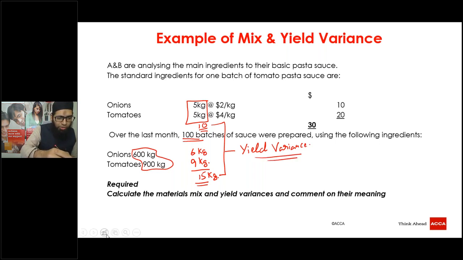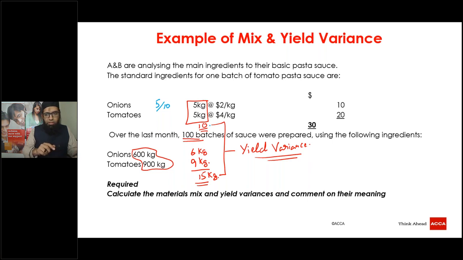If you can also observe, we have also changed the proportion. So the onion is 5 by 10 because we are using 5 kg out of the total of 10 kg. So it will be 5 divided by 10.